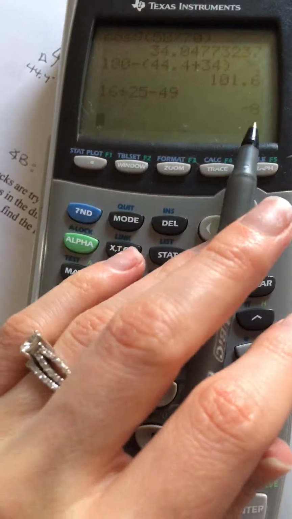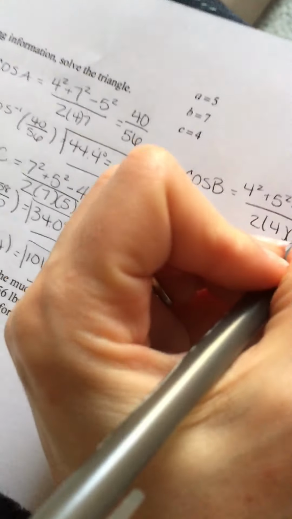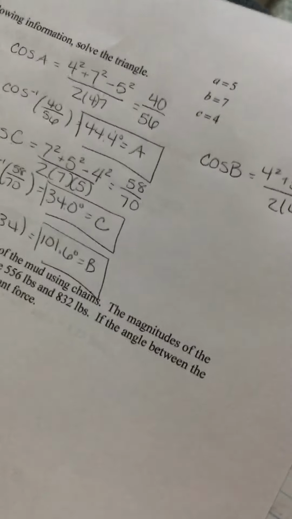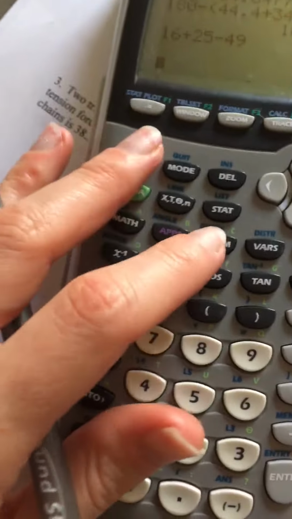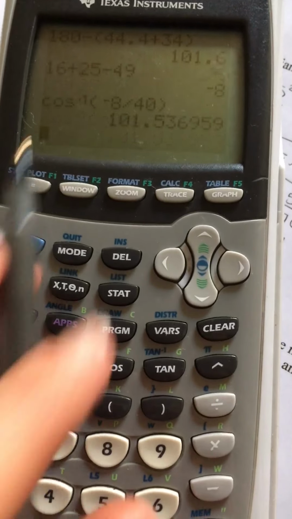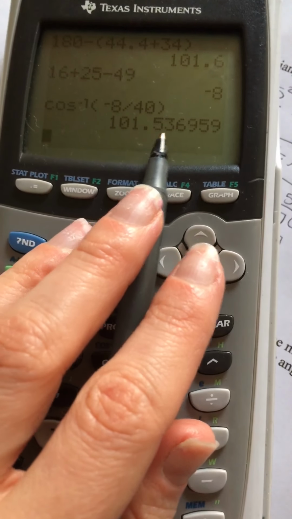On top I have negative 8. And on the bottom, 2 times 5 times 4, that's going to be 40. So negative 8 over 40, or negative 1/5. Do cosine inverse of that, and I get 101.5 degrees.